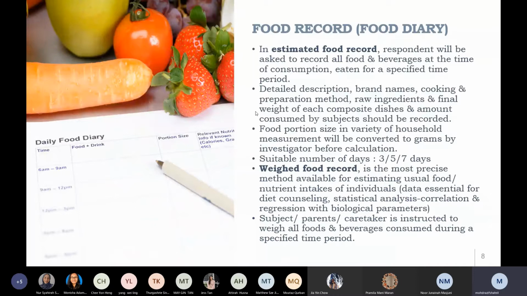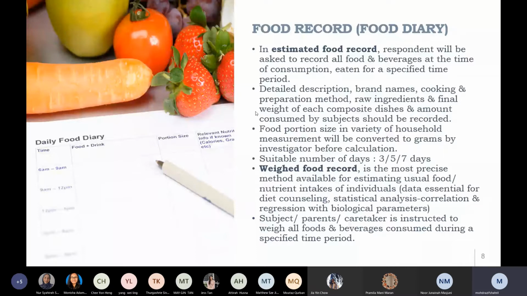So in this weight food record, we ask the subjects or the parents, if it involves children, caretakers, to weigh all the foods and beverages consumed during a specific time period. So you give them a similar food record or food diary form, but instead of estimating the food portion size, they must weigh all the food that they consume.